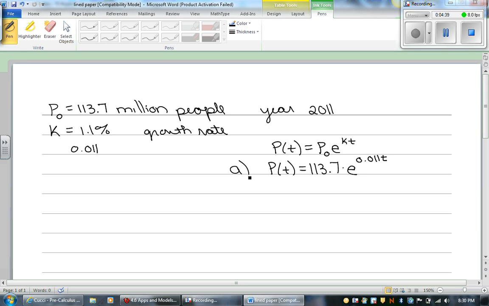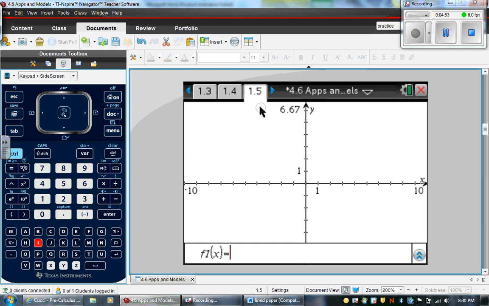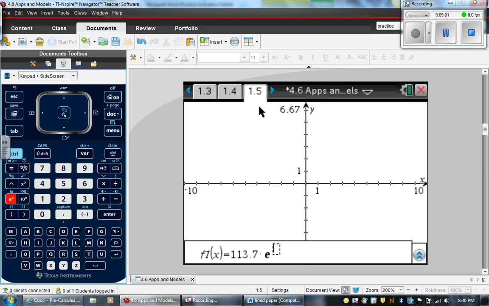Okay, so our next part was to graph. So we're going to go ahead and use our graphing calculator for this. We're actually graphing this equation here. Okay. So I'm going to add in my graphs page. And we're going to graph that function, 113.7 times e to the 0.011 x.